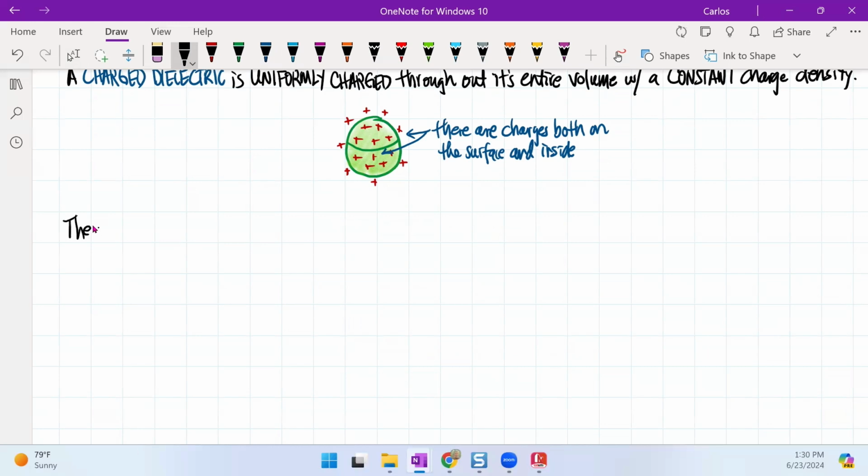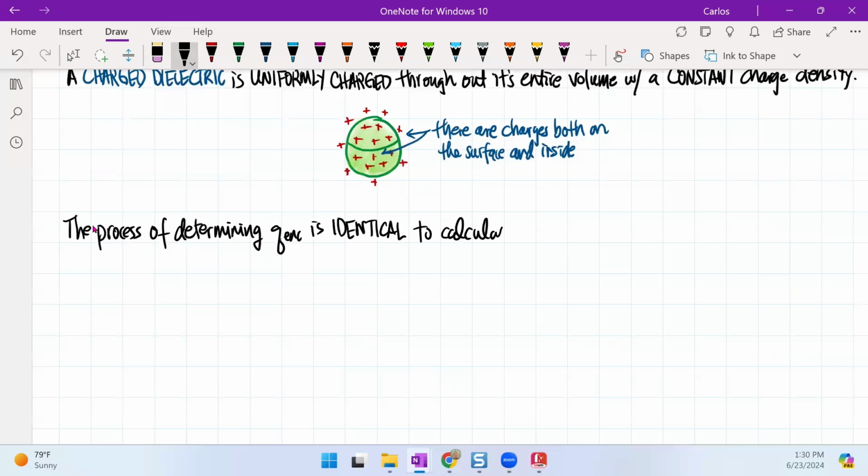The process of determining Q enclosed is identical to calculating the charge element in chapter 2 when we were integrating electric fields or charge distributions to get the electric field. The process is identical.